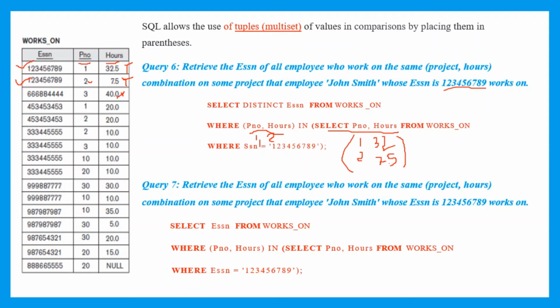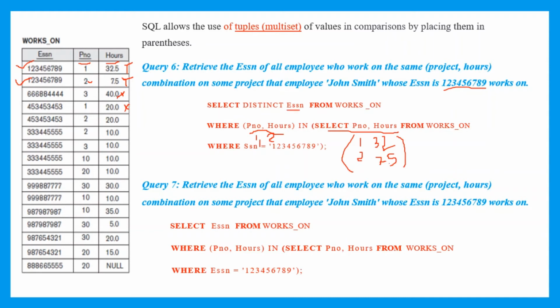The project number 1 is there, but hours 20 is not there, so it is not going to get selected. In the same way, all the rows are going to be checked. At the end, I am getting the result as ESSN.